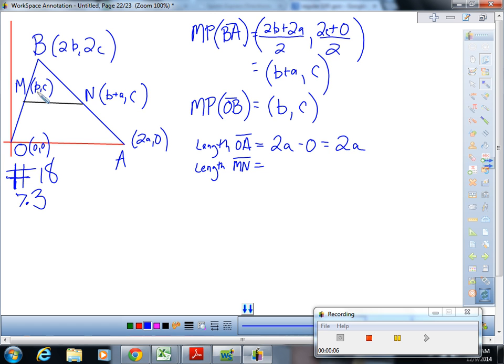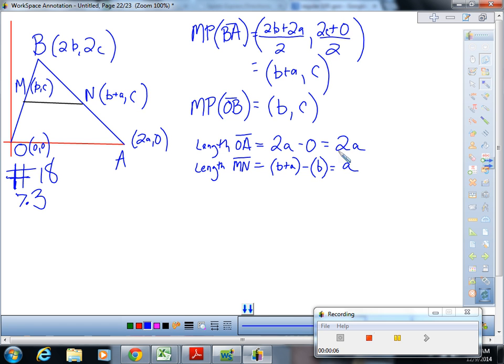So that's going to be b plus a minus b, which is what? a. So what have I just shown? I've shown that MN is half the length of OA.